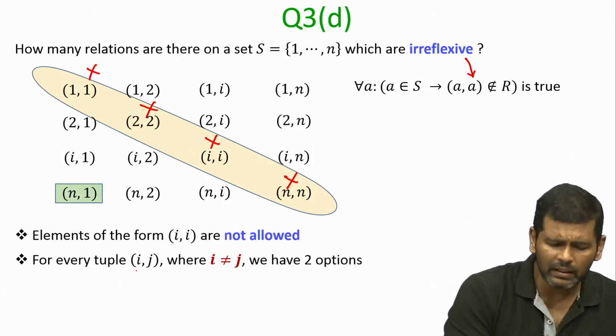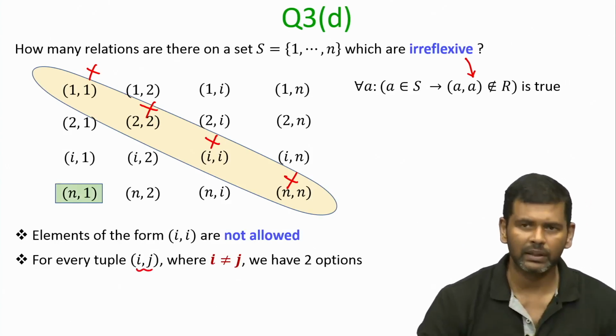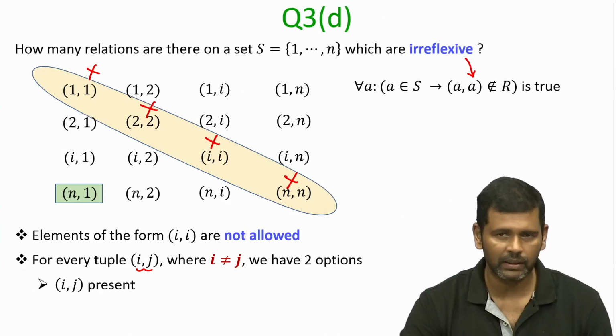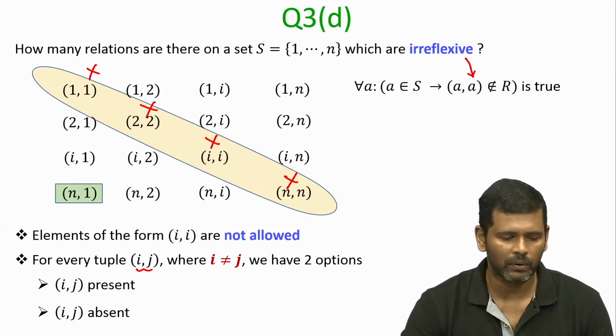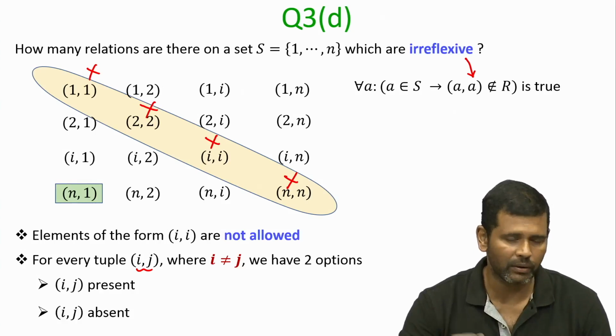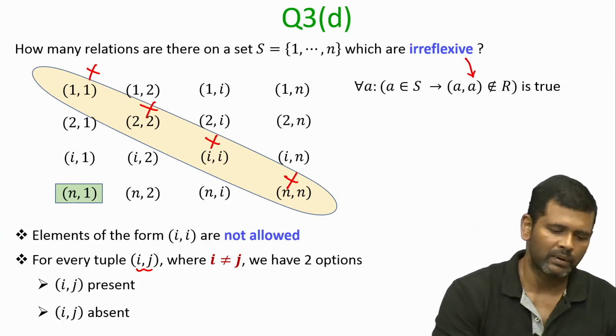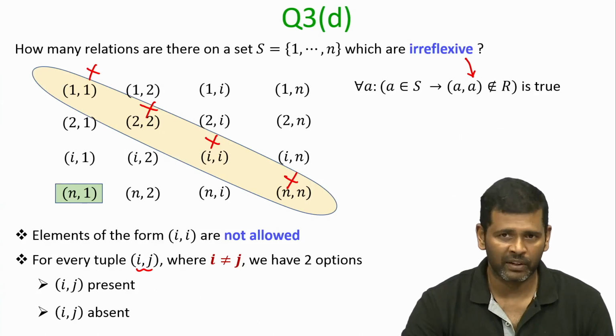Whereas if I take any other tuple (I, j) where I and j are different, then I can either include it or exclude it. That won't violate the requirement of an irreflexive relation, right.